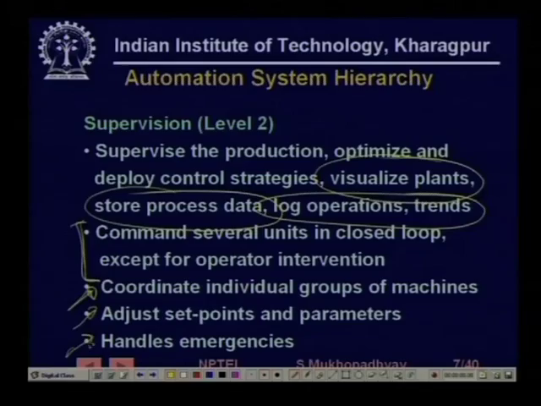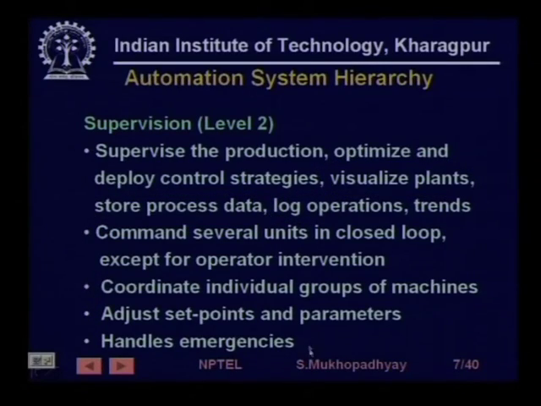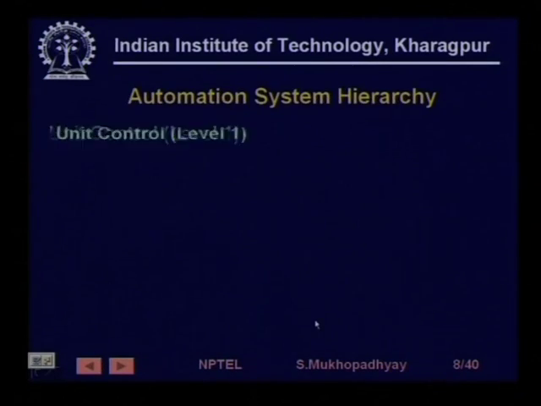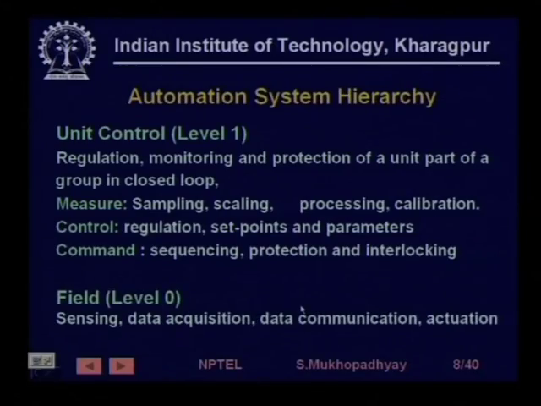They also handle plant emergencies, shutdowns, failures, accidents, etc. So, they manage the production process. Below that you have the actual automatic control, in this case referred to as unit control, and below that you have the field level where you do sensing and data acquisition. Since we have done this in detail, I am not going to spend time on this.